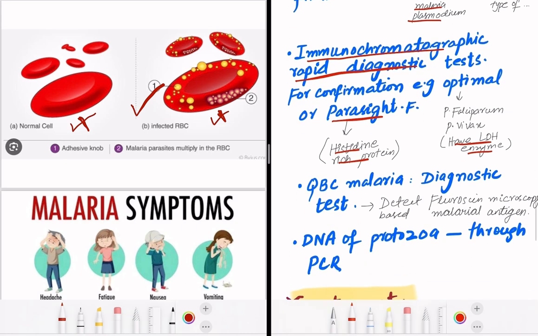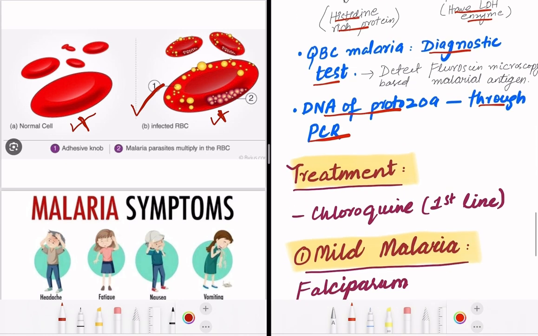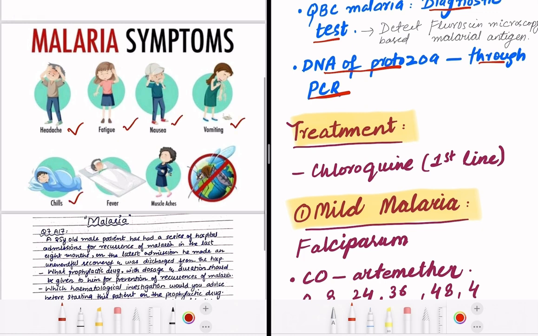QBC malaria is a diagnostic test, and this detects malaria antigen using fluorescein microscopy. The DNA of protozoa is checked through PCR. These are the symptoms of malaria: headache, fatigue, nausea, vomiting, chills, fever, and muscle aches. These are the most common and general symptoms of malaria.